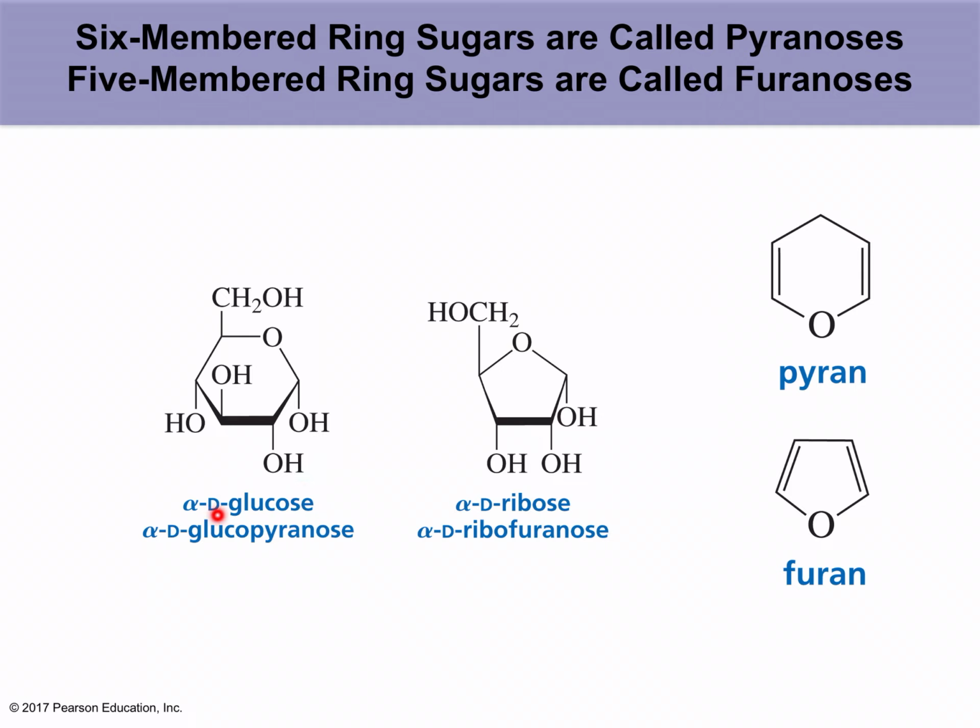So this alpha D glucose will be named alpha D glucopyranose. This alpha D ribose would be named alpha D ribofuranose, furanose because it is a 5-membered ring. So 6-membered ring sugars are called pyranoses. 5-membered ring sugars are called furanoses.